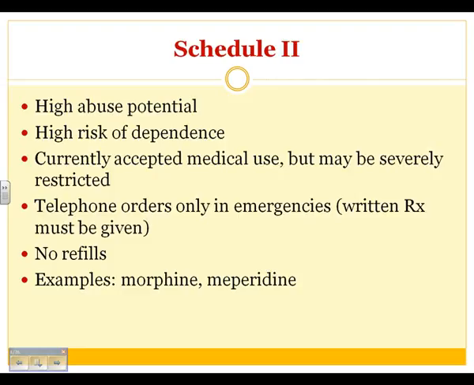Home health. Hospice. If you've got a terminal cancer patient, you're not going to sit there and say, well, I'm sorry, you can't have any morphine until Monday. Okay? So that would be one of your scenarios where you could have an emergency call in for morphine, but when the pharmacy opened back up or when the physician's office opened back up, they would have to present a written copy of the prescription.